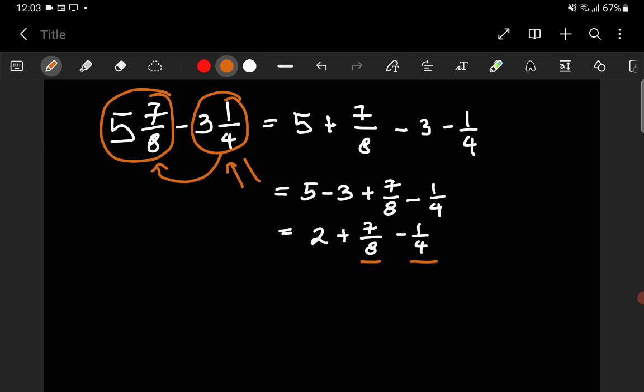Well, what is the smallest number available in the multiples of 8 and of 4? It will be 8. So I will write it like 2 and then over 8 minus over 8.